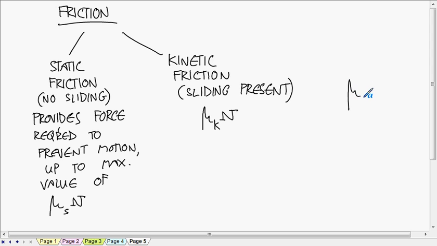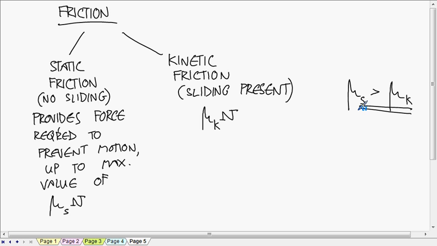The coefficient of static friction is always bigger than the coefficient of kinetic friction. And so what that says is when something is at rest and it's not sliding, the maximum force that can be provided by friction is bigger than when it is sliding.